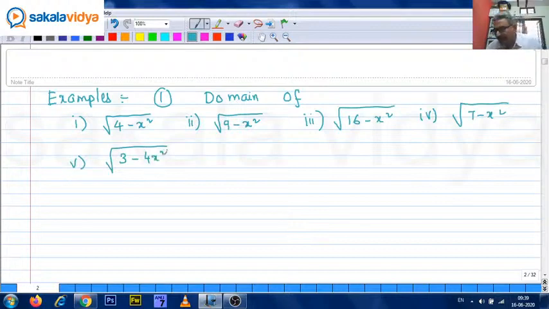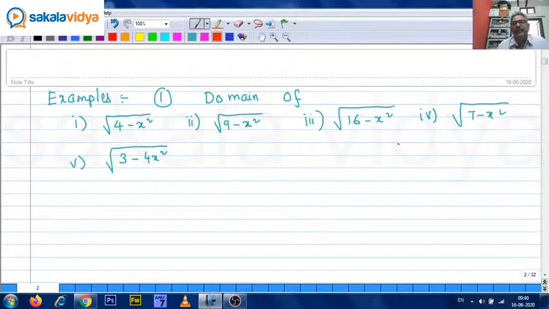Enough. Now tell me answers, all of you. Root of 4 minus x square, root of 9 minus x square, root of 16 minus x square, root of 7 minus x square, and root of 3 minus 4x square. So here you remember first of all this concept. This is important.